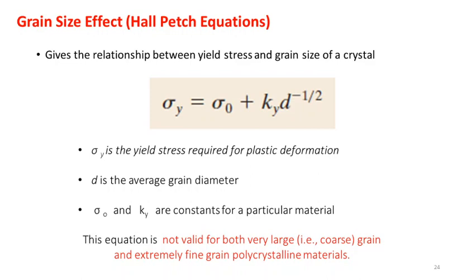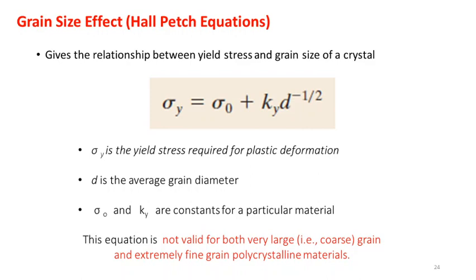The Hall-Petch equation is one direct relation which shows how the strength of the material is related to the size of the grain. Sigma y is the yield strength, sigma naught is a material-dependent constant, ky is a material-dependent constant, and d is the diameter of the grain. So sigma is proportional to 1 by root d, or d raised to minus half, which means as the size of the grains decreases, the strength of the material increases.